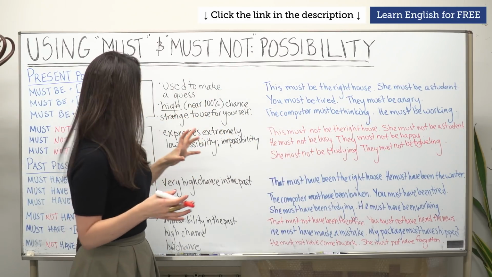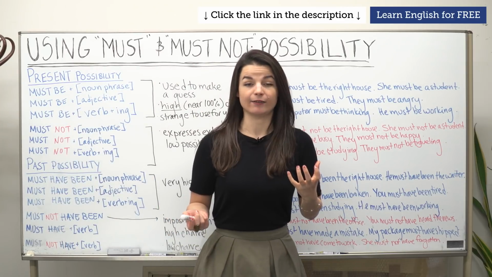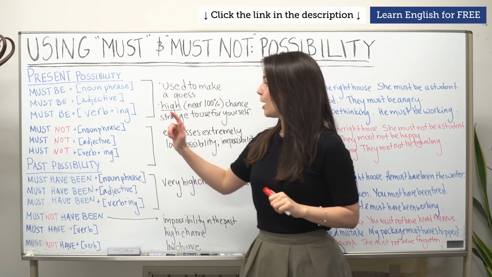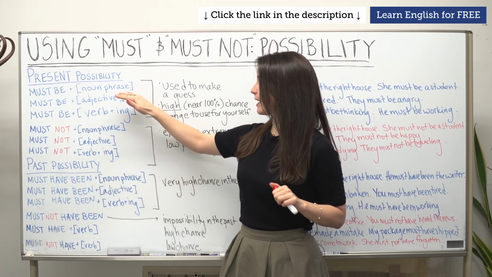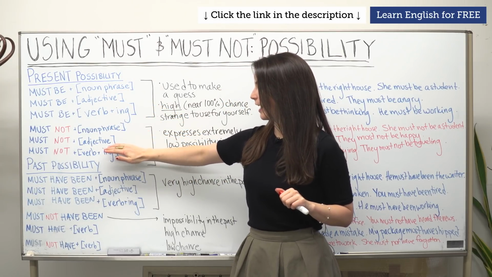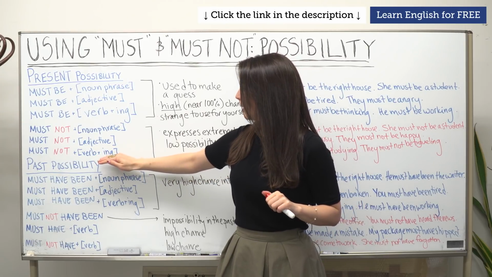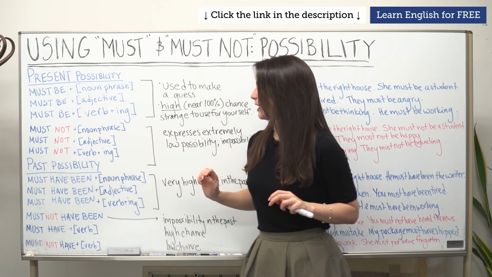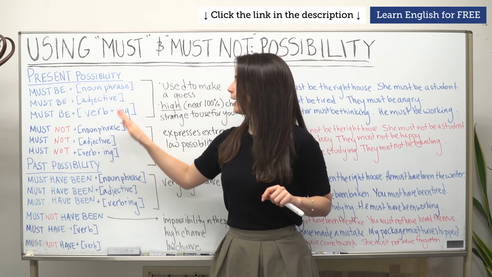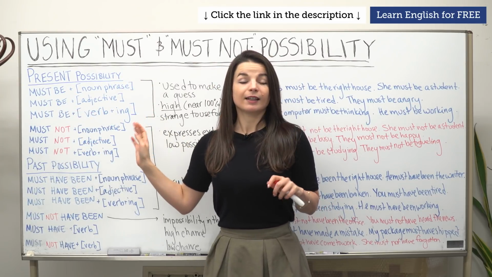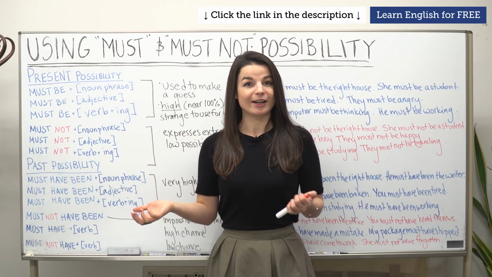Okay, let's take a look now at the negative examples of this grammar point. So must not plus the same points we just talked about. Must not plus a noun phrase, must not plus an adjective, and must not plus a verb in the ing form. So we'll use exactly the same pattern, and we can even use, in many cases, similar noun phrases and similar adjectives.